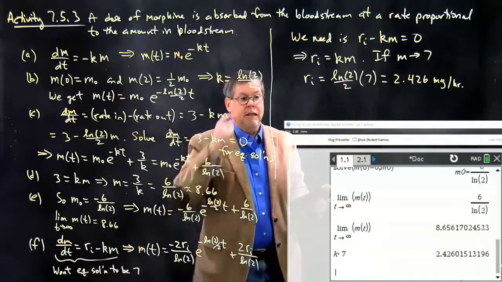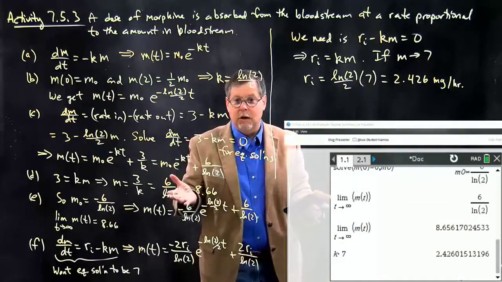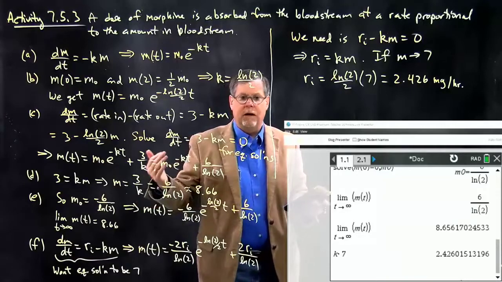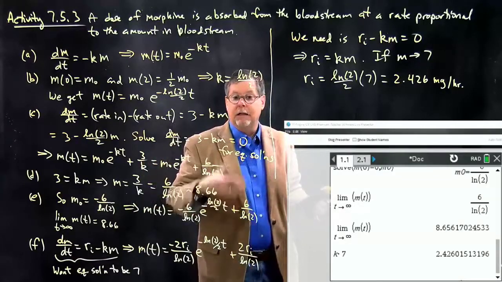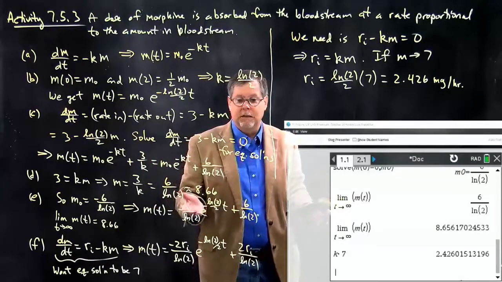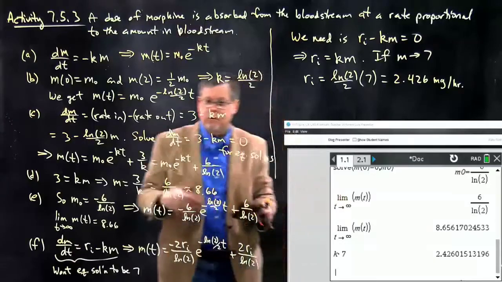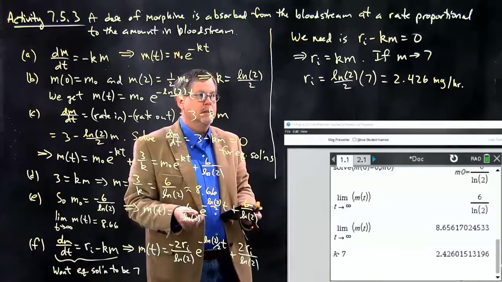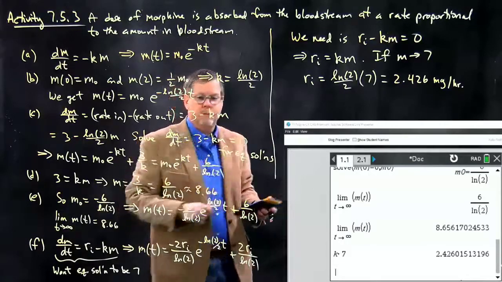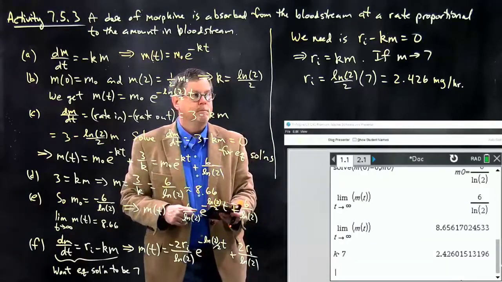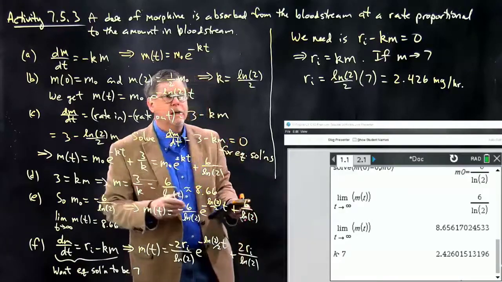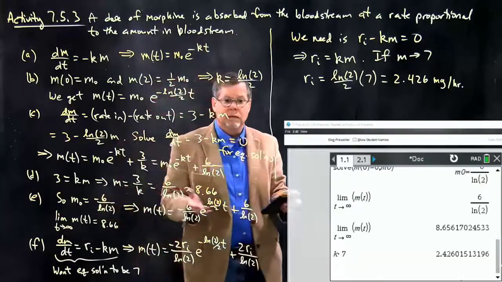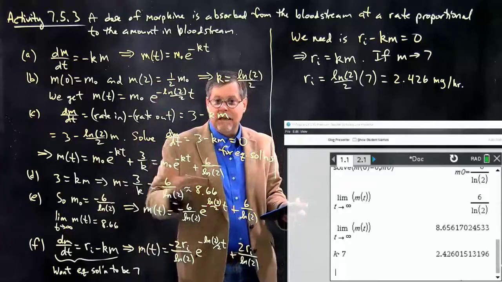So here we can come up with how to adjust the dose so that we end up with the stability we desire in the bloodstream for whatever therapeutic reasons. It might be this particular patient has certain characteristics where 7 milligrams is desired, and so here we can make that adjustment. So this is kind of the idea of how differential equations can be used in a variety of different ways, in this case in healthcare.